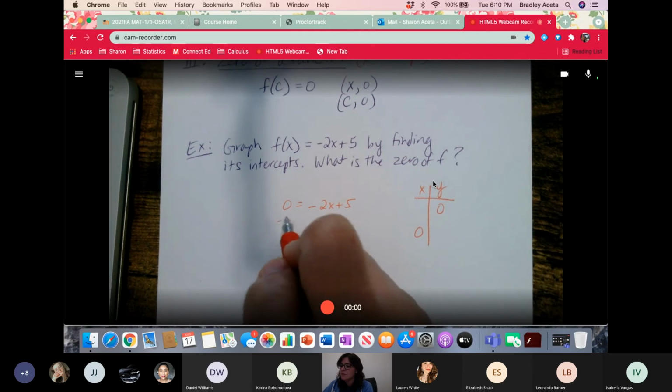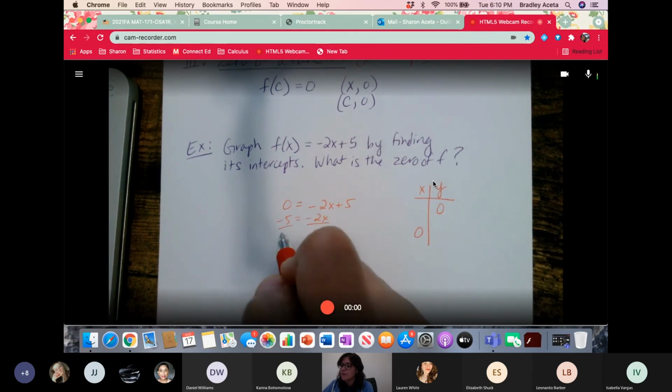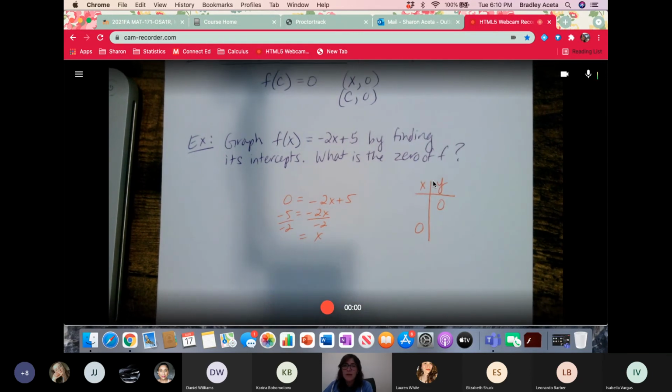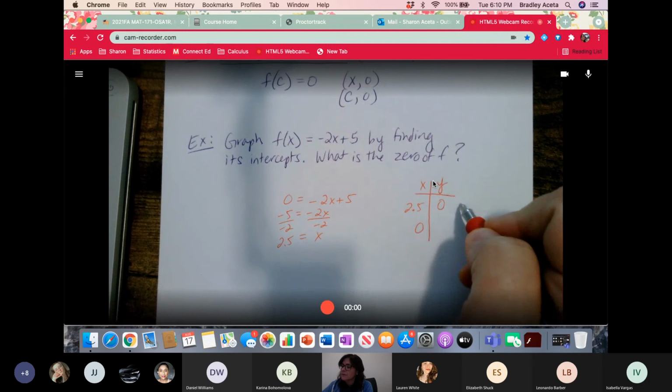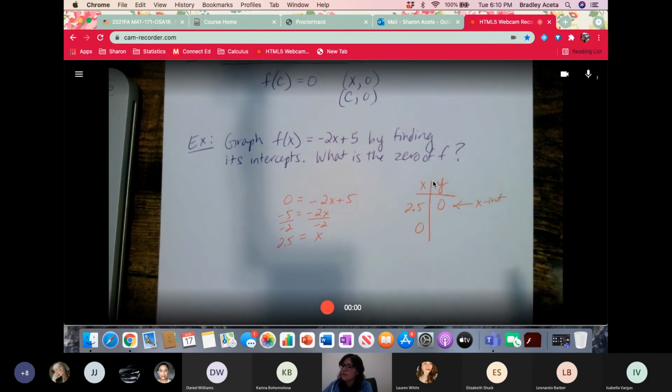And so then if I subtract 5 over and divide by negative 2, I would get negative 5 divided by negative 2, which is positive 5 halves, or 2.5. So my x-intercept, because you have an actual x answer, that's your x-intercept right there. That is, hint, hint, hint, another answer to this question. That's your 0. X-intercept, your 0.